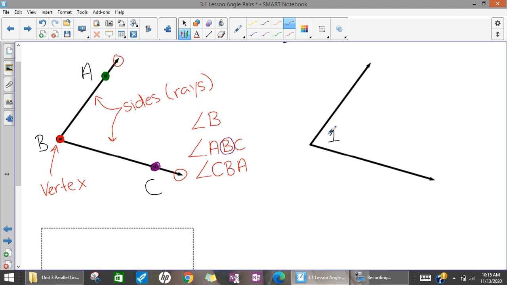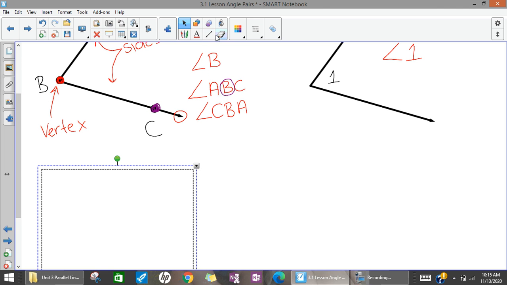The other way is if we give an angle a numerical label. Here I've labeled this angle inside the angle with a 1, and so I could call this angle 1. Sometimes we like to do that to keep things simple.